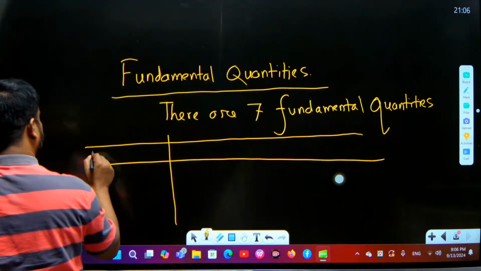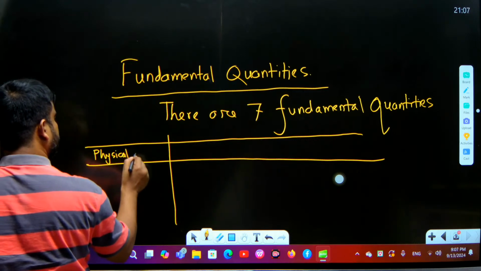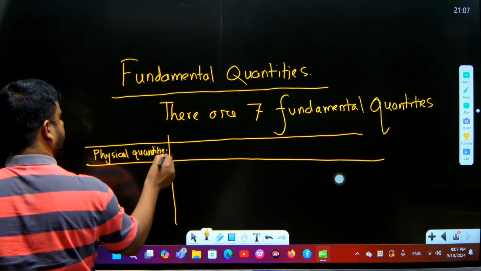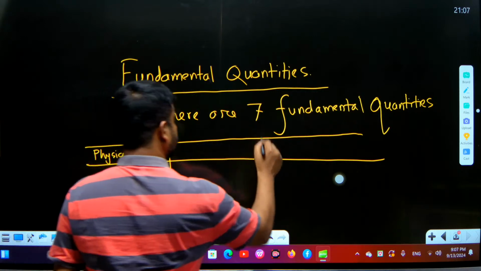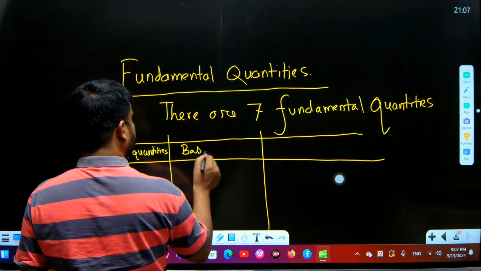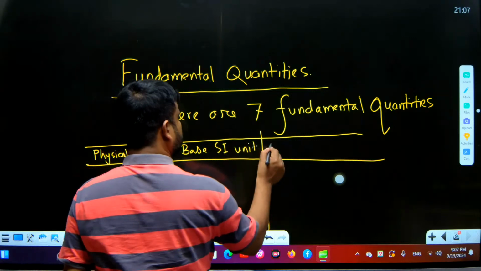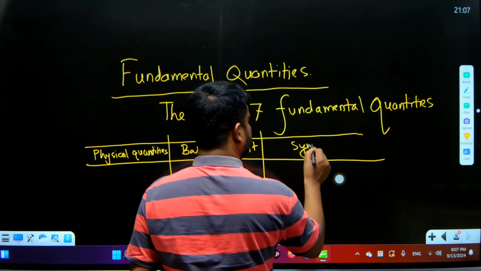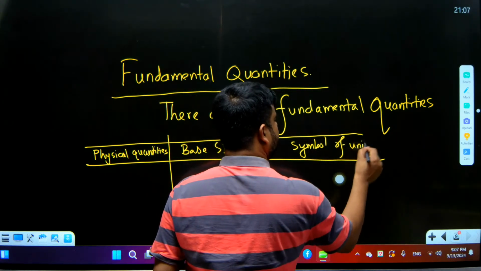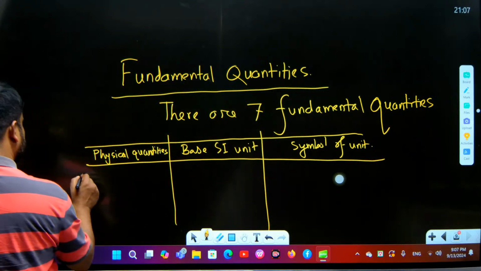We need the name of the physical quantity, its base SI unit, and the symbol of the unit. First, the physical quantity mass.